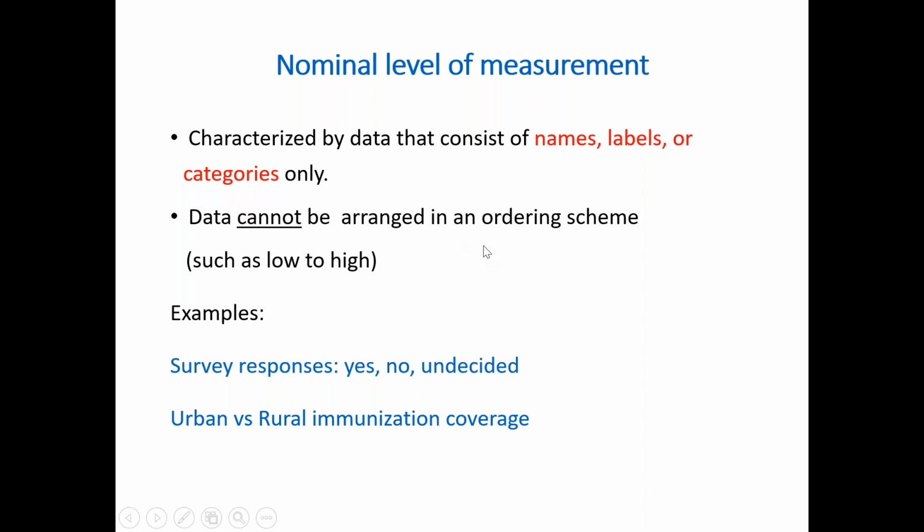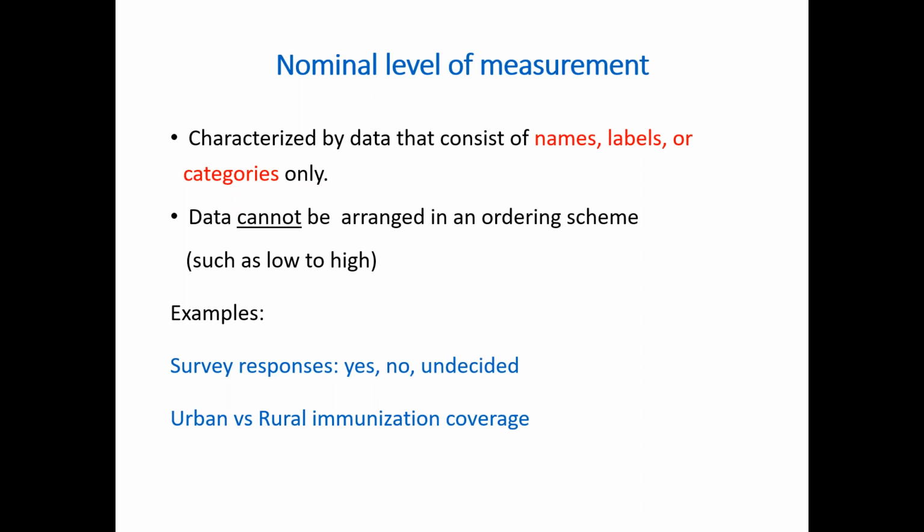And data cannot be arranged in an ordering scheme such as low to high. I'm just naming them differently. These are all independent. So for example, in a survey, if I ask how many of you are underweight, somebody says I am underweight, somebody says I am not underweight. So they're different categories again. Then if I ask, how many of you are anemic? If you have a medical record, can you show me the medical record and tell me whether you are anemic or not?